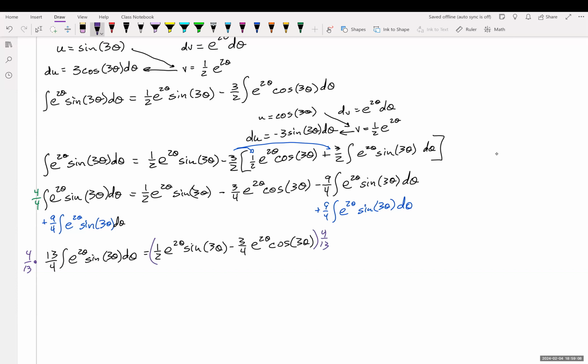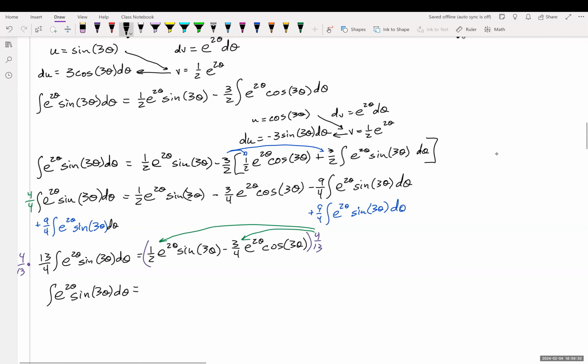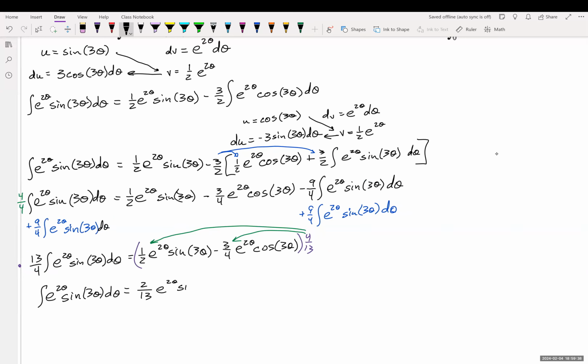And so we're left with the thing we're trying to find, this integral of e to the 2 theta sine 3 theta d theta is equal to, we're going to distribute that 4 over 13, right? We're going to multiply it here and multiply it here, and we'll get something like this. And of course, we have to finish it off with a plus c.